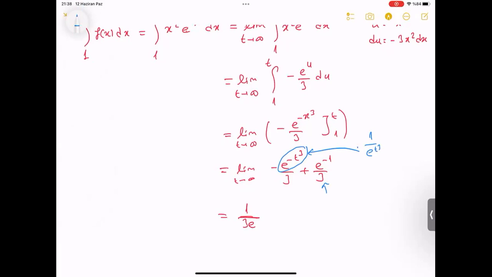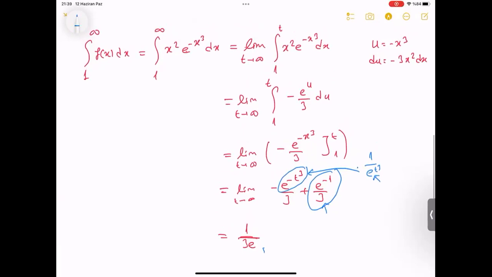When t is approaching infinity, the denominator goes to infinity, so we have 1 over infinity, which is equal to 0. So we will just have this number, 1 over 3e. This is just a number, which means the integral of f on the interval 1 to infinity is convergent.